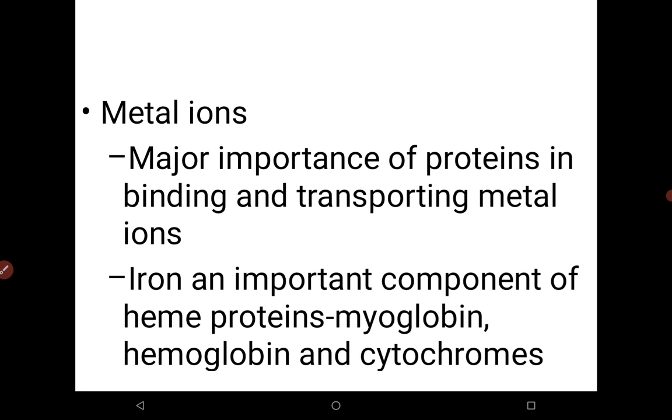Metal ions: there is major importance of proteins in binding and transporting metal ions. For example, metal ions such as iron are bound to certain proteins such as myoglobin.